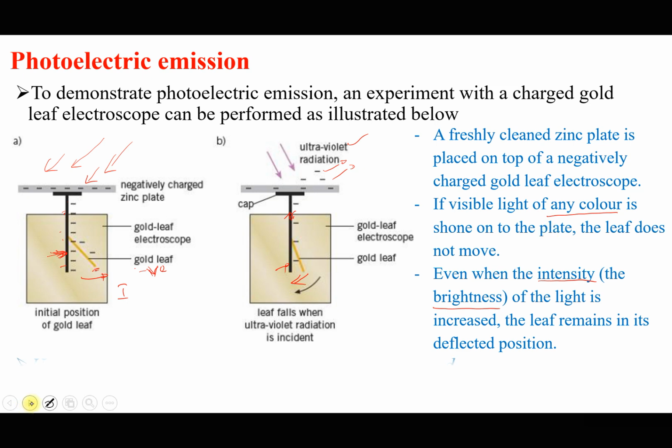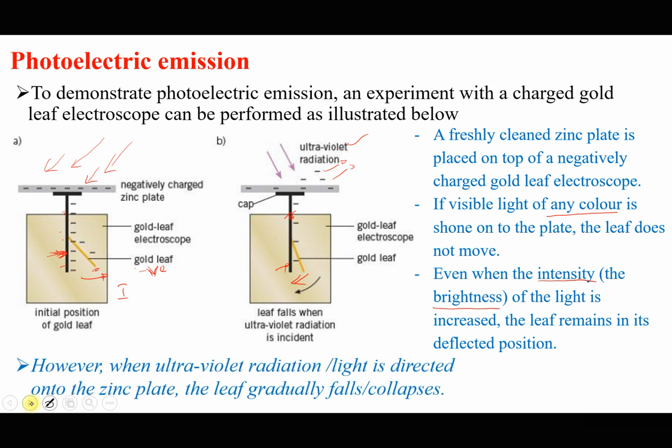However, in B, when ultraviolet radiation or light is directed onto the zinc plate, the leaf is seen to gradually fall or collapse. So why is it not collapsing with visible light but is collapsing with ultraviolet light?